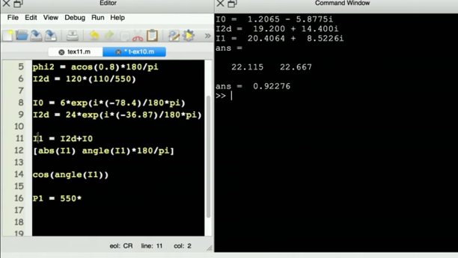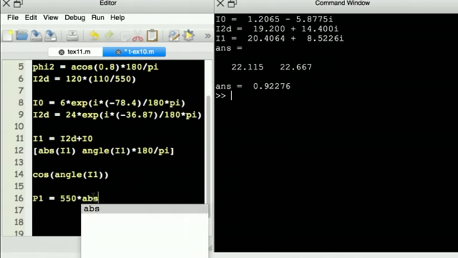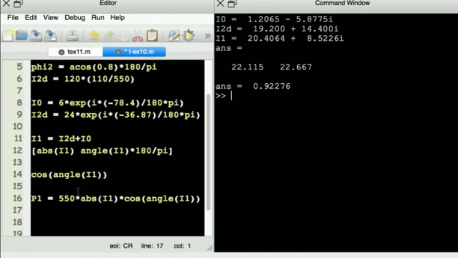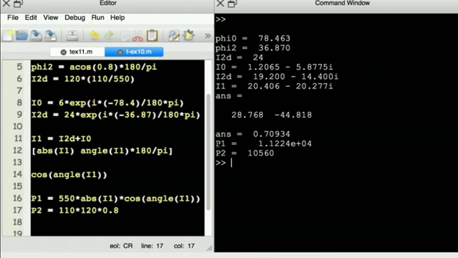I1 I am calculating anyway here, so I'll just write the absolute value of I1 multiplied by cos of this angle, that is my power factor. When I do this, I'll get P1, and then active power P2 is 110 multiplied by 120 amperes, which is given in the question, and the power factor is also given, 0.8 lagging. Given this data, now if I run this, I get P1 and P2.